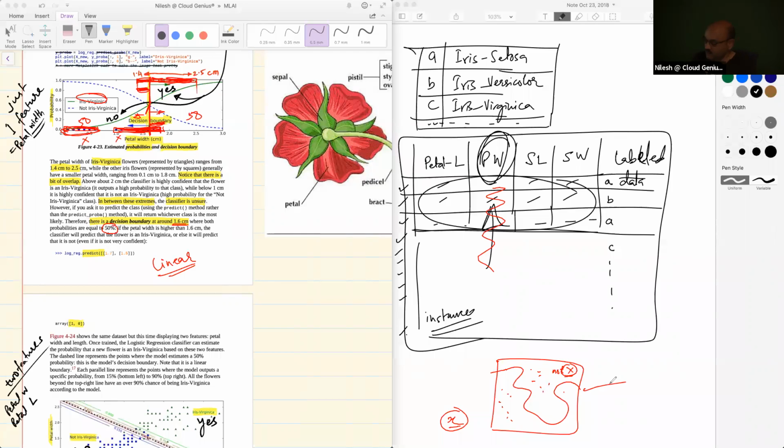For example, in this picture, I'm drawing a two-dimensional representation of a boundary, which is an artificially drawn line. It's not a line, it's a curve of some sort that basically separates these guys from these guys. On one side it is going to be a yes, on the other side it will be a no, not that flower. So that's the underlying concept.